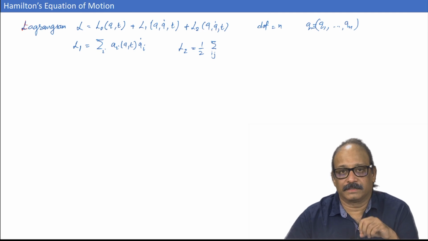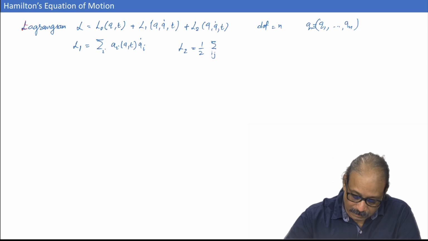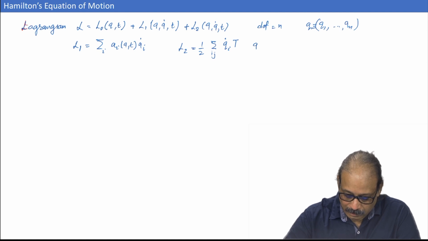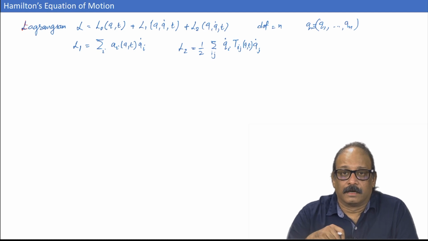Remember, both these variables i and j go from 1 to n each. So, there will of course be a double counting, but all that has been taken care of in the matrix T there, which I am in a moment going to write. So, I will write this as T i j, and remember these T i j's are in turn functions of q and t.